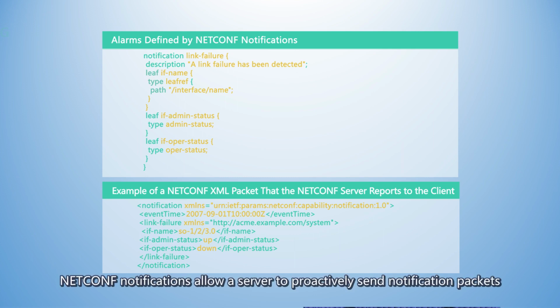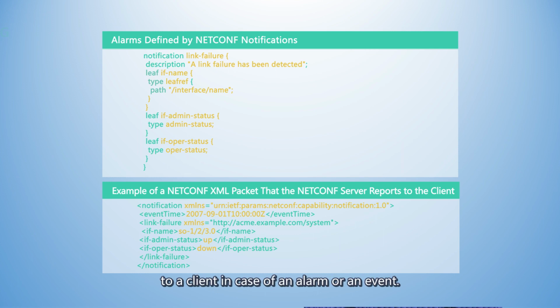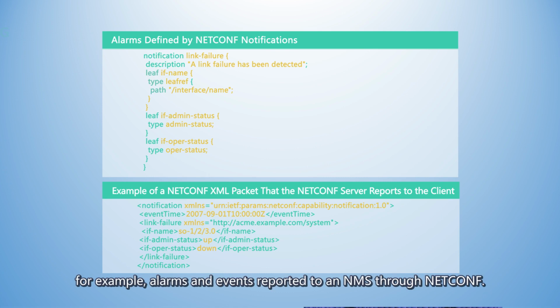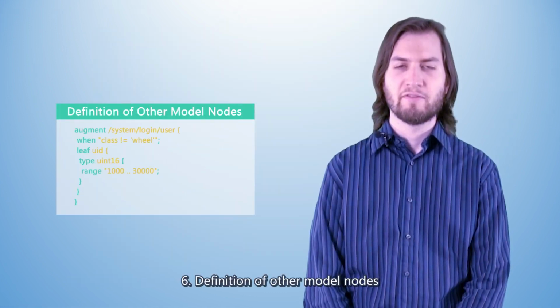NETCONF notifications allow a server to proactively send notification packets to a client in case of an alarm or an event. NETCONF notifications apply to scenarios where real-time detection of devices is required, for example, alarms and events reported to an NMS through NETCONF.